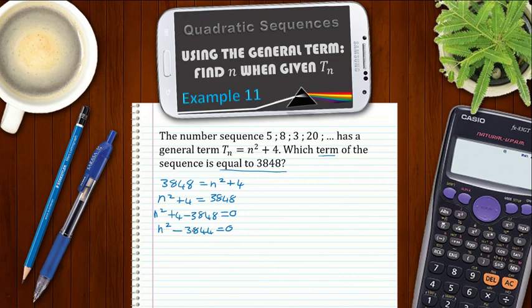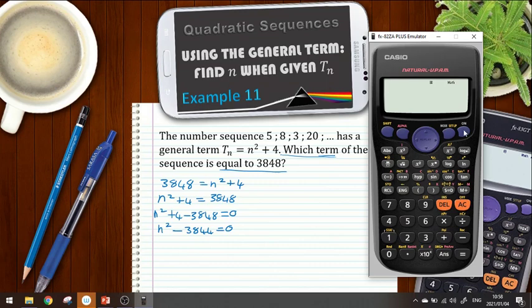We can test it, and it most likely will be a perfect square, because when you're working with patterns and they ask which specific term will be equal to that, it has to give you a whole number. Unless they asked which term will be less than this or more than this, it might not be a whole number. But if they ask for a specific term, it most likely will be.